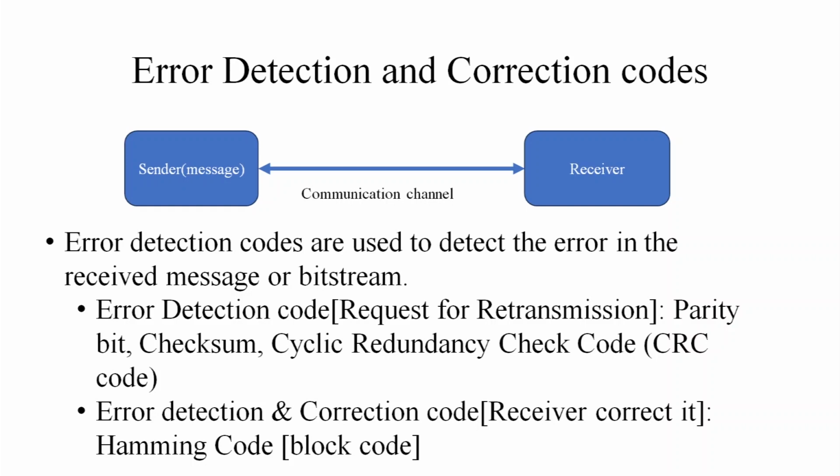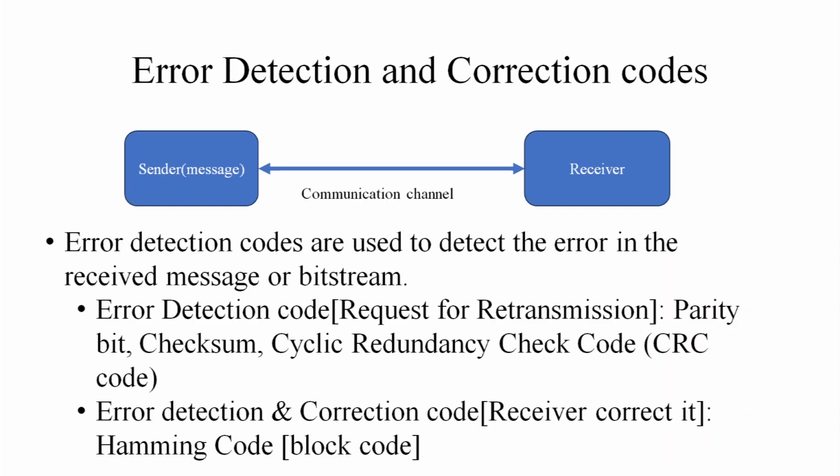There is no need for retransmission, but if more than one bit is incorrect, this is not a suitable method for that. So, generally, this is the case when we use only an error detection code. Then after receiving a message, the receiver requests a retransmission.